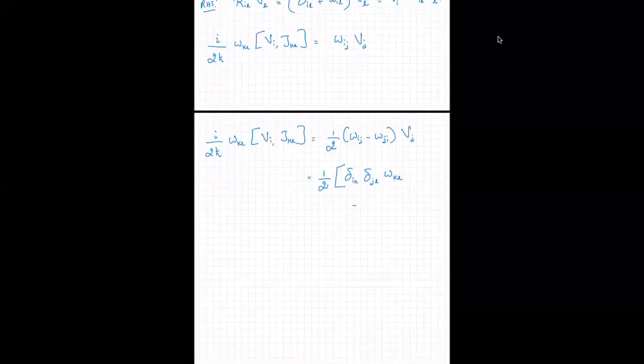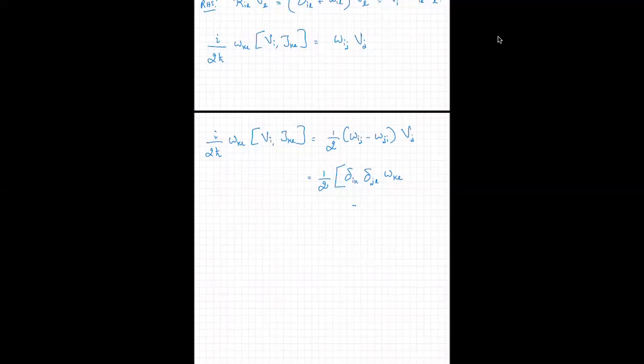Now omega JI means I want the J to match up with the K and I to match up with the L. So I can write this as delta JK delta IL omega KL. Now I can pull out the omega KL times this combination of Kronecker deltas, not delta functions: delta IK delta JL minus delta JK delta IL, times VJ.